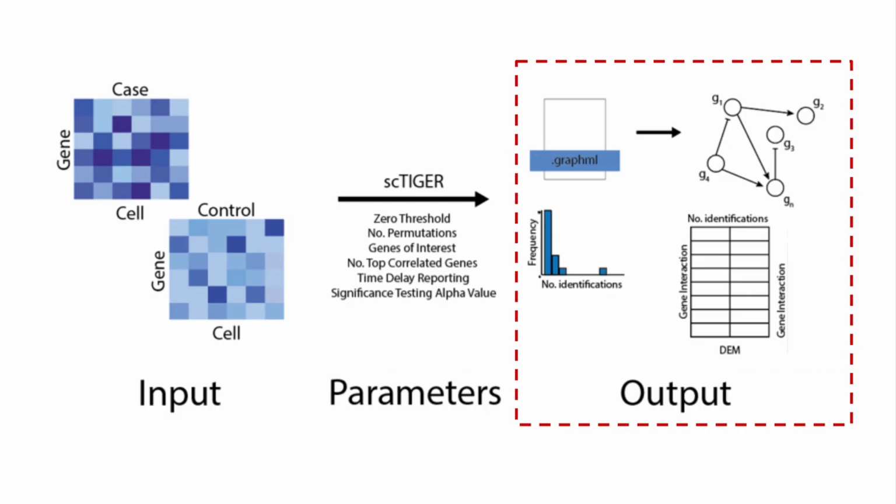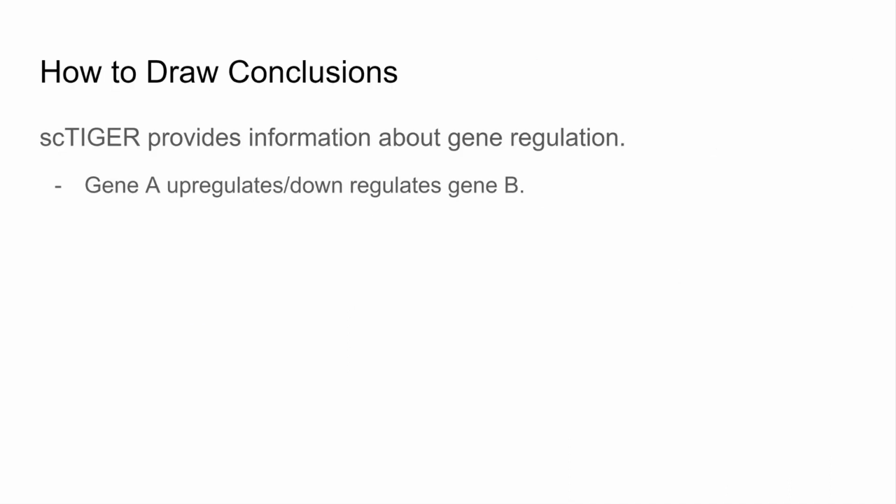Now that we've discussed the optional parameters and the input, you can finally get the output of scTIGER. And when you do, you will have a GraphML file and you'll build a visualization of that network. But what do those results actually mean and what can scTIGER tell you? scTIGER is responsible for creating a gene regulatory network, which means it tells you how genes are regulated by others.